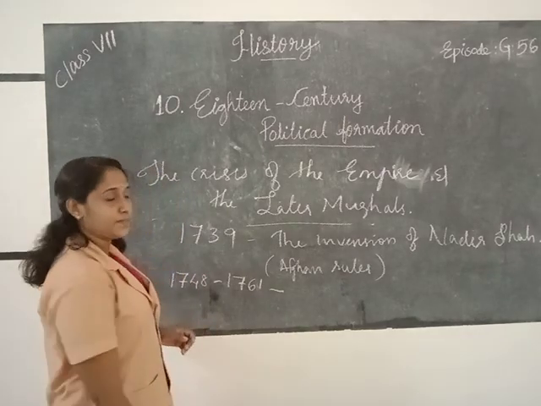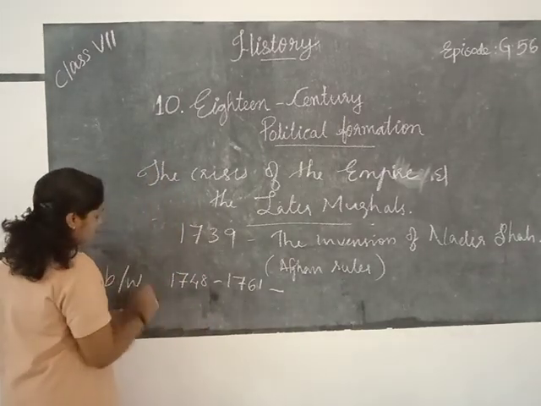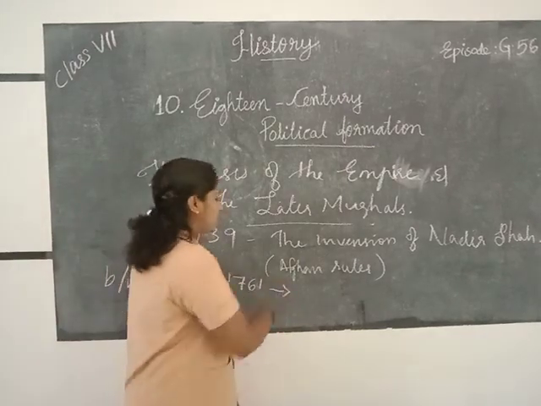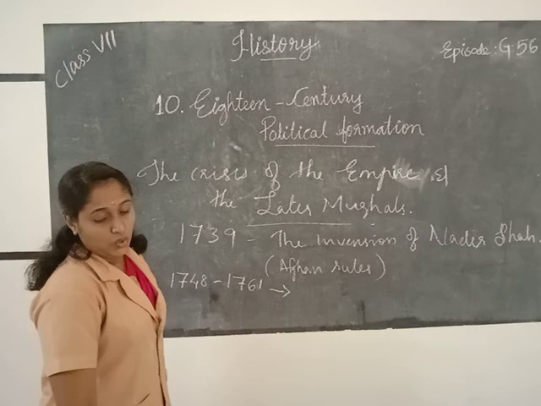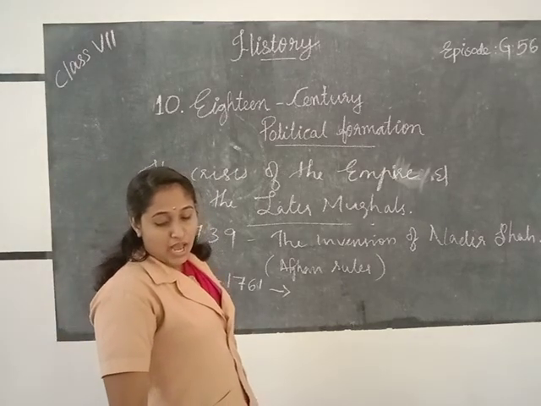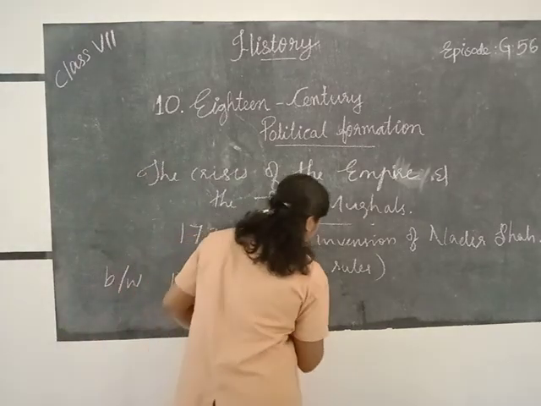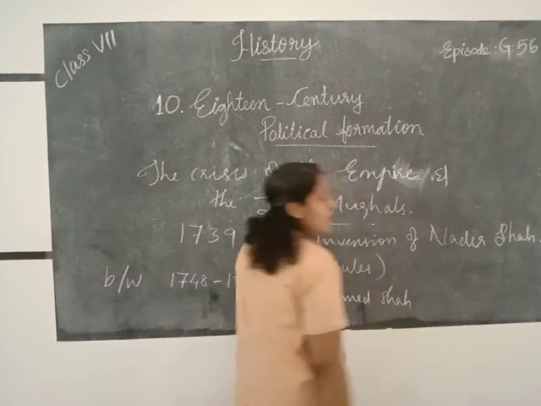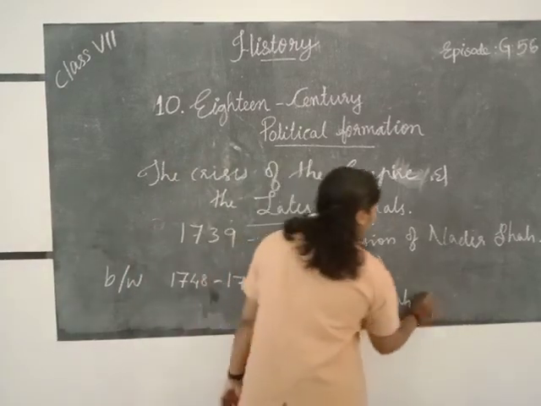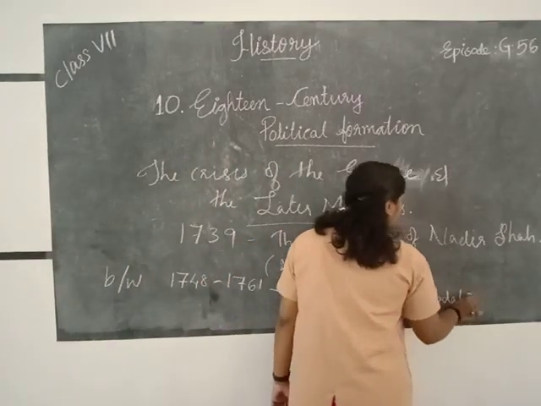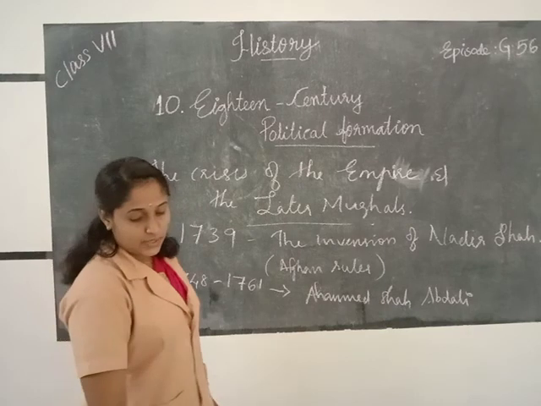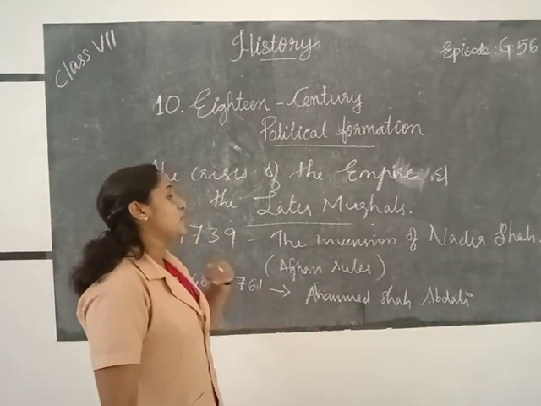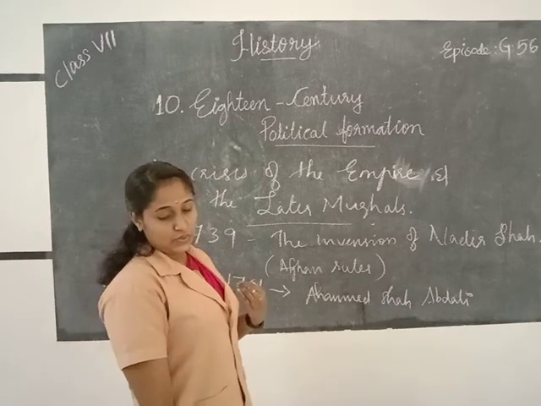This means between 1748 and 1761, who attacked the Mughals? Ahmad Shah Abdali. Ahmad Shah Abdali also attacked the Mughal empire.